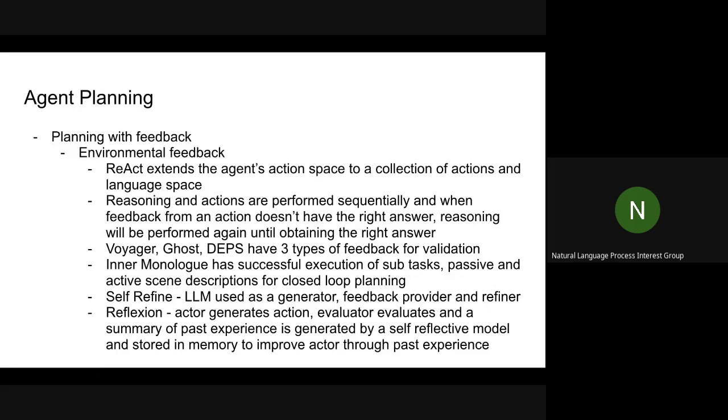And then there's reflection. So this one, the actor generates the action, the evaluator evaluates, and a summary of past experience is generated by a self-reflective model and stored in memory to improve the actor through past experience. So this is kind of using their memory as a way to also provide feedback, right? So you can think of it like what I was mentioning before. I've done something similar in the past.